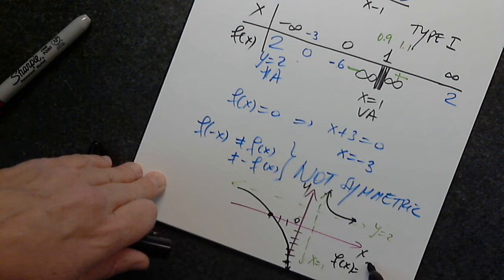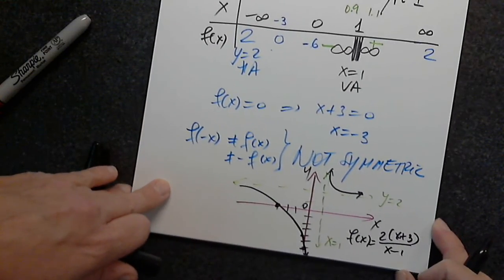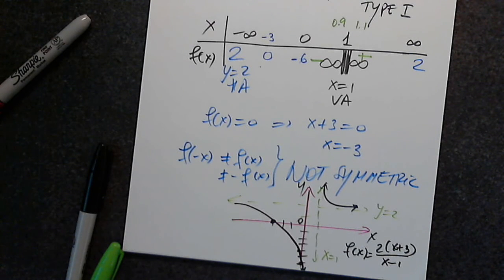And this is the function 2x plus 3 over x minus 1. Any questions on this?